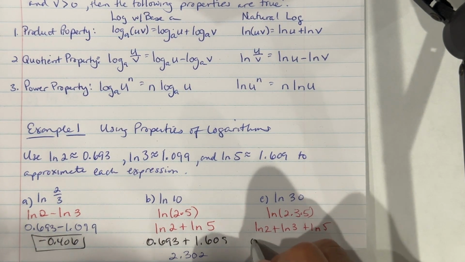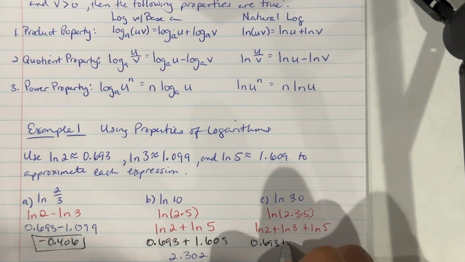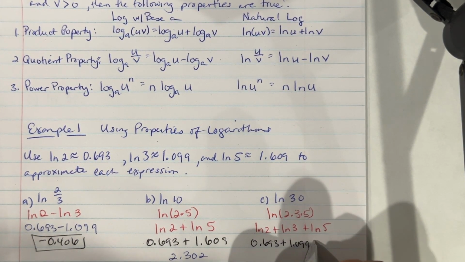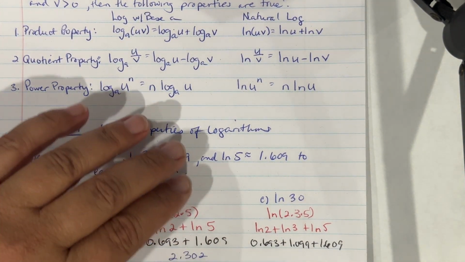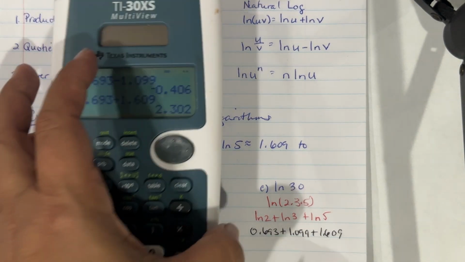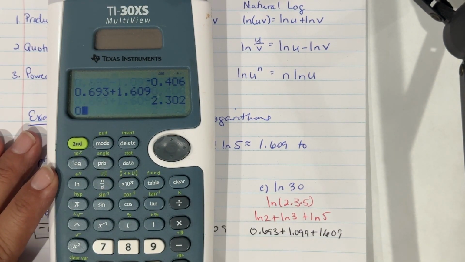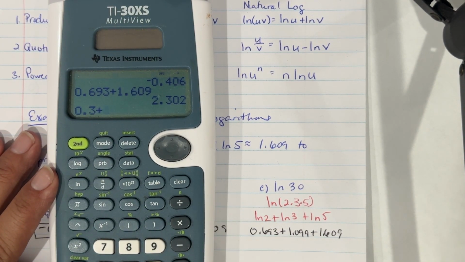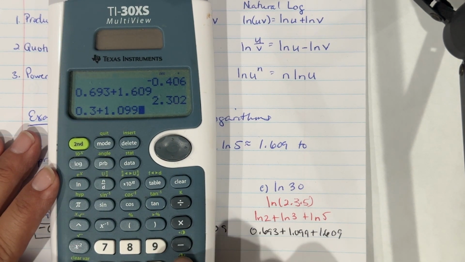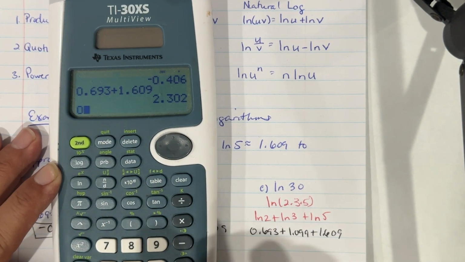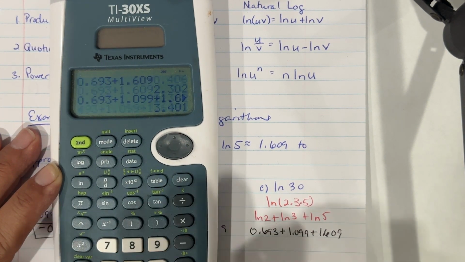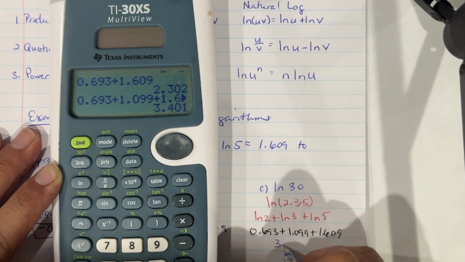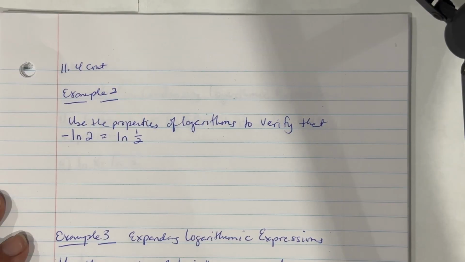So we're going to say 0.693 plus 1.099 plus 1.609. With a calculator, we end up with 3.401.